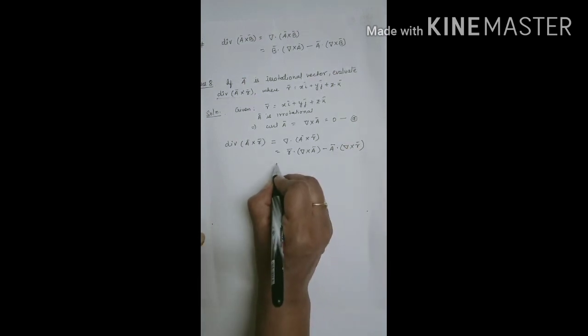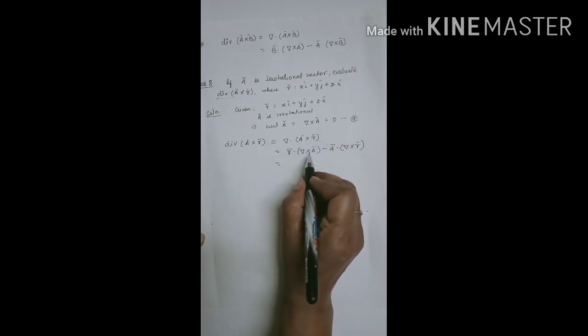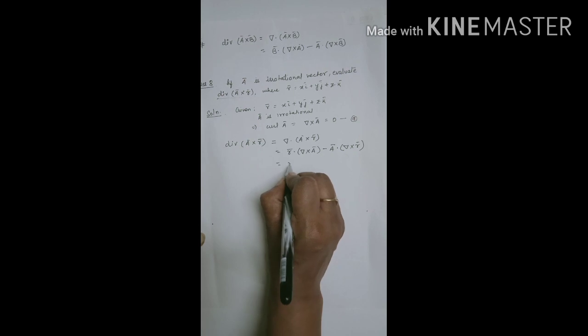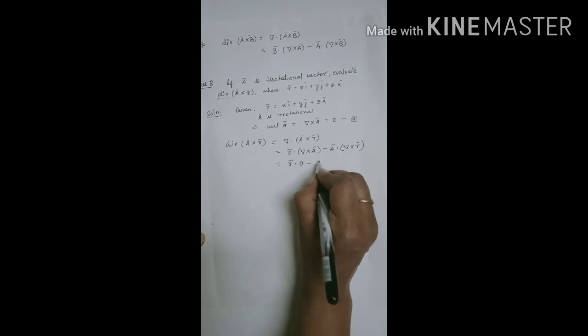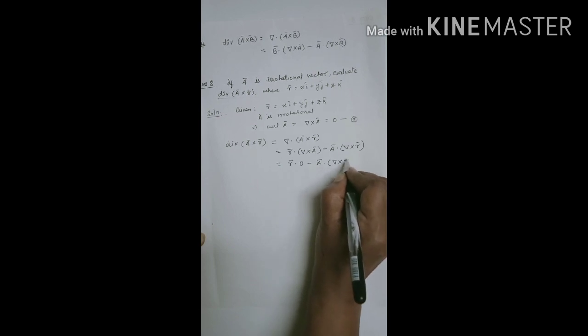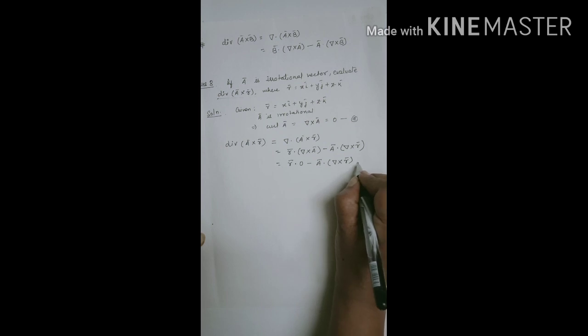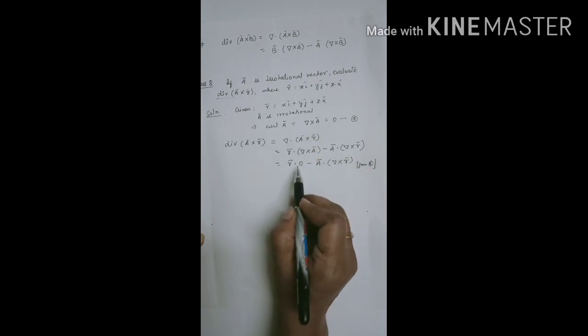Now since del cross A is 0, curl of vector A is 0, what you have is vector R dot 0 minus vector A dot del cross vector R. We have used equation A, which gives you del cross A is 0.